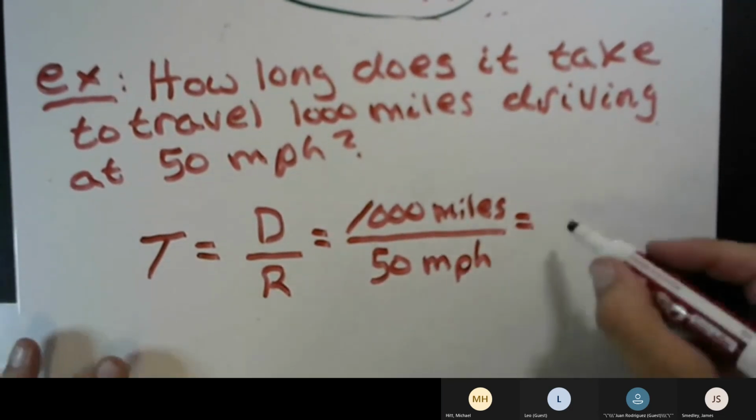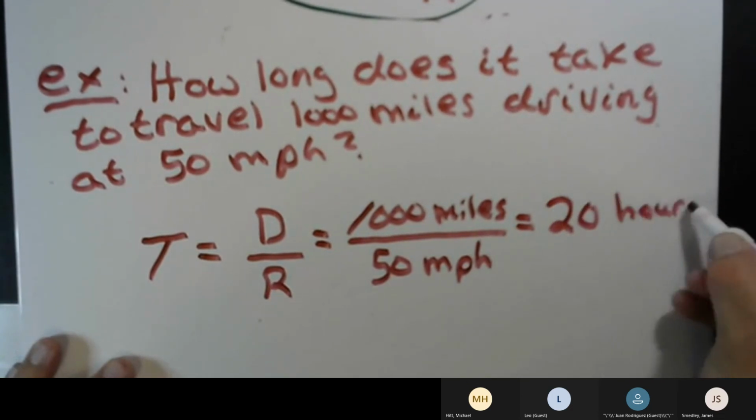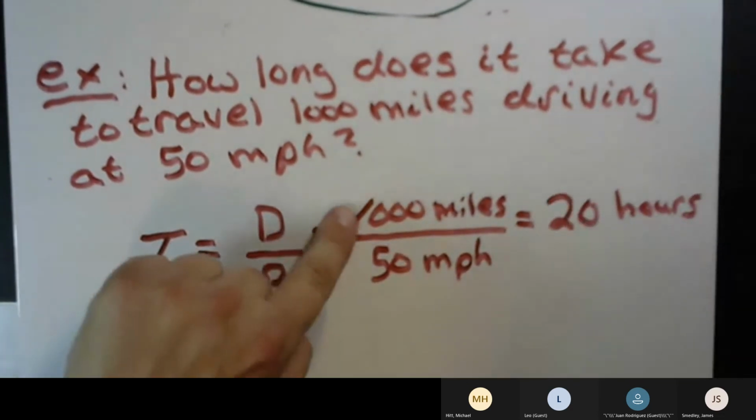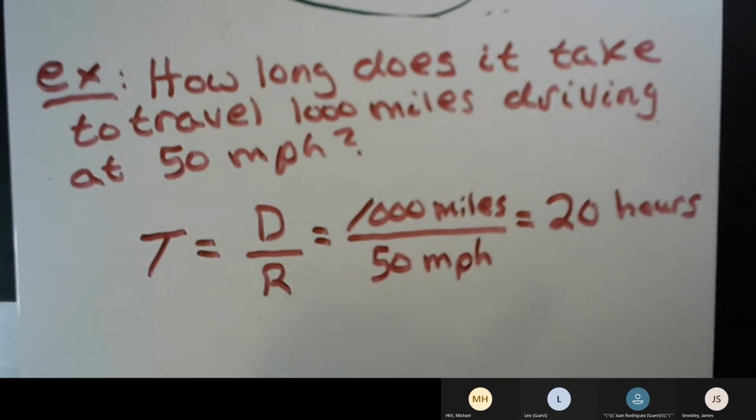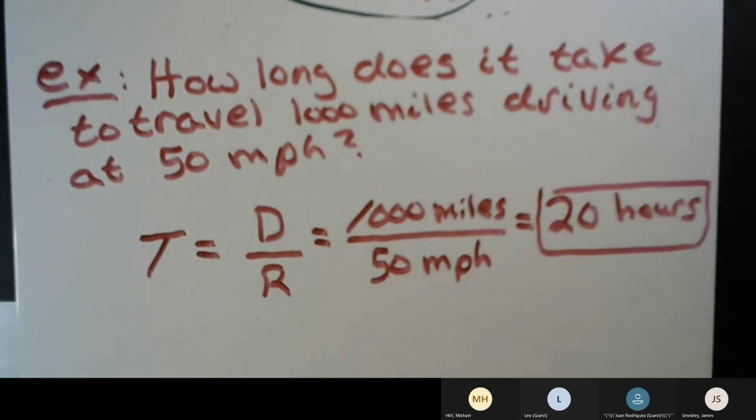And we're going to get time as an answer. Turns out it's going to be 20 hours, because again, this is 1,000 divided by 50. And that's going to give you 20 hours. Questions about that?